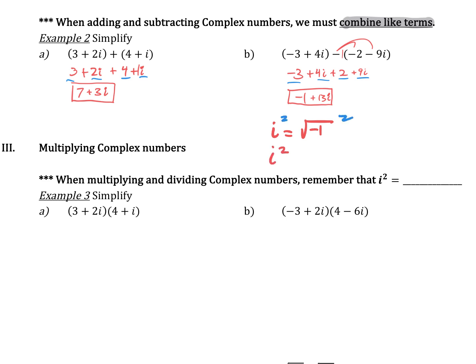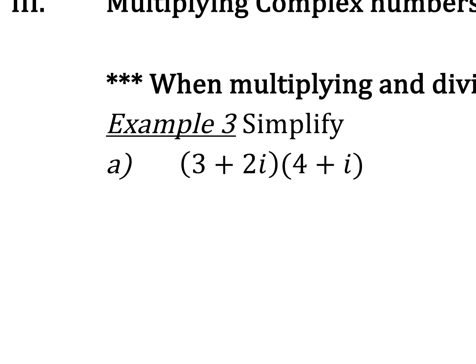We get i squared over here, and the square root of -1 squared is -1. So i squared is -1. That's the key to remember. We're going to treat this just like a variable, but in the end, we need to remember that i squared is worth -1. All right, so let's see how this works.